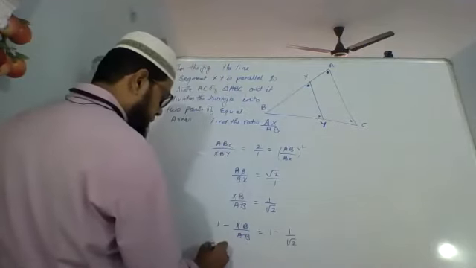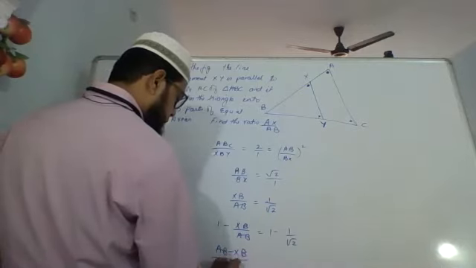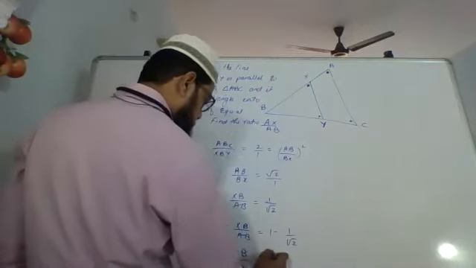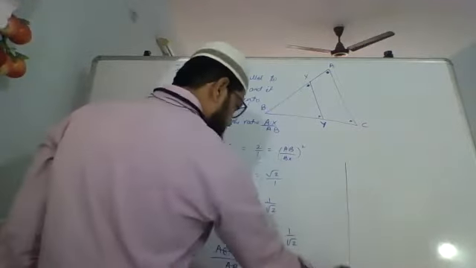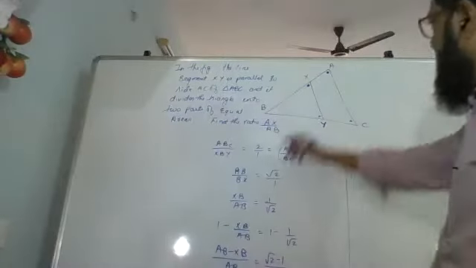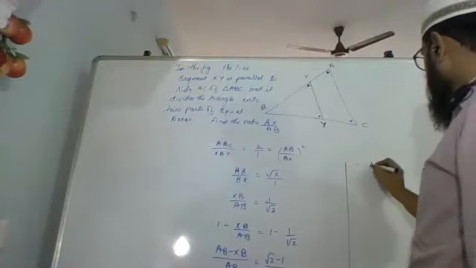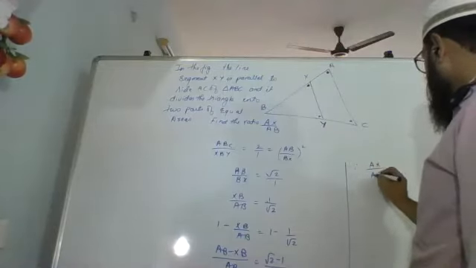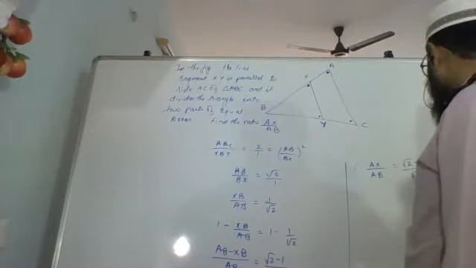Now this becomes AB minus XB upon AB equals root 2 minus 1 upon root 2. So AB minus XB will be AX. AX upon AB equals root 2 minus 1 upon root 2.